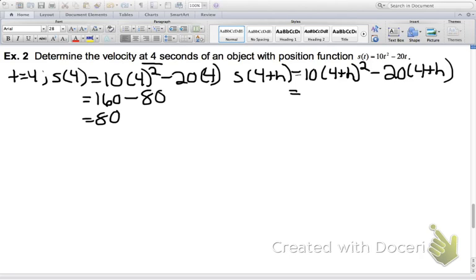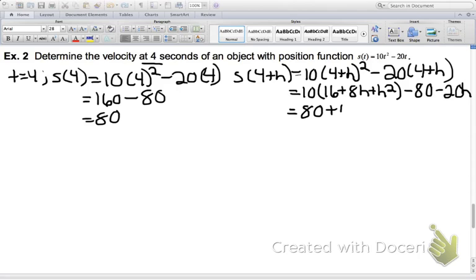When we expand this, this will be equal to 10 times 16 plus 8h plus h squared, minus 80 minus 20h. When we expand even further and collect, we're left with 80 plus 60h plus 10h squared.